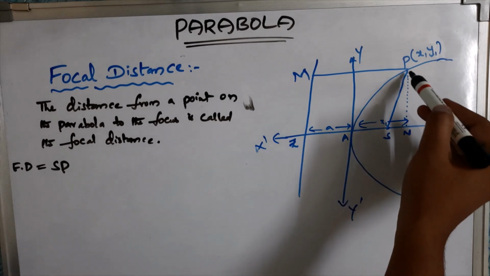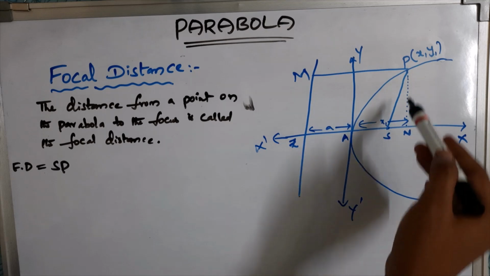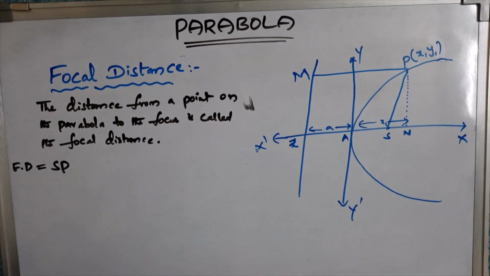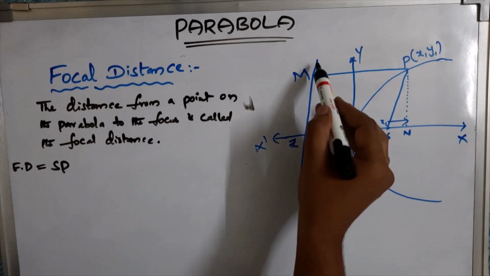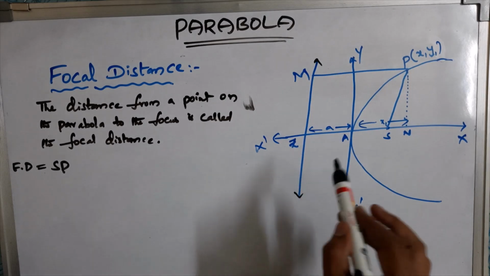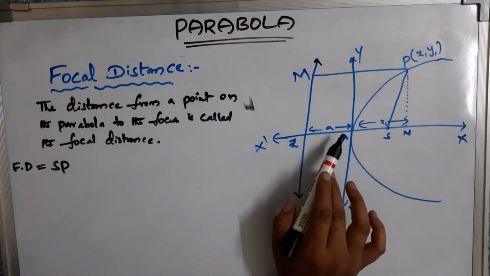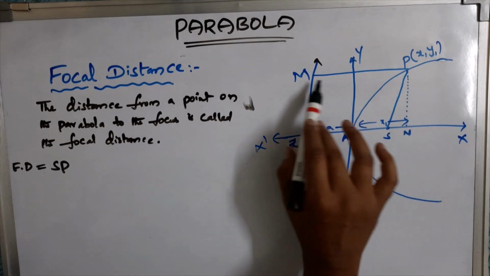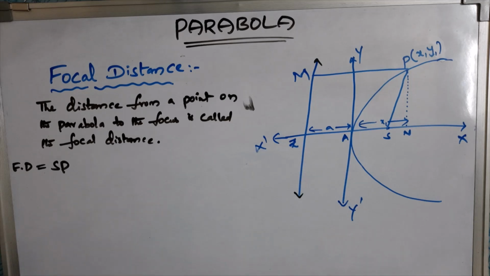I have drawn a straight line perpendicular to the x-axis, that is PN, so that it becomes a perpendicular line to the directrix, PM. Here you can see PM is equal to SP. Why?